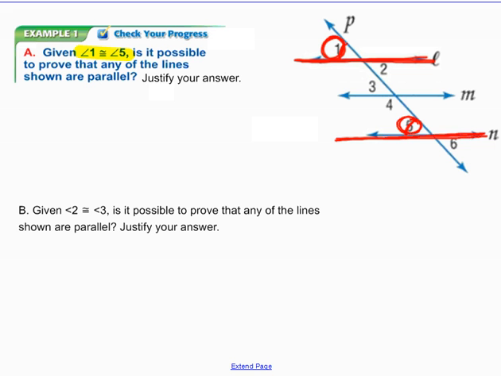It doesn't have anything to do with line M at all. So they are corresponding angles, so we have corresponding angles are congruent. That means then we have parallel lines. We can say line L is parallel to line N.